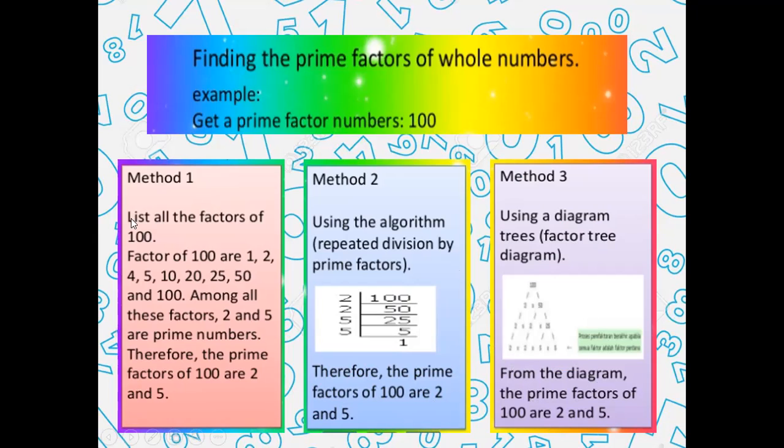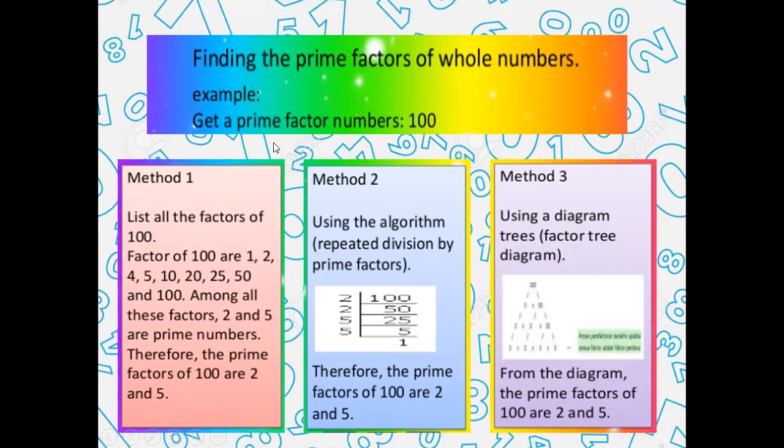So going back to method 1, method 2, and method 3, we can show different methods of getting the prime factors of 100. But again, our final answer is that the prime factors of 100 are 2 and 5.